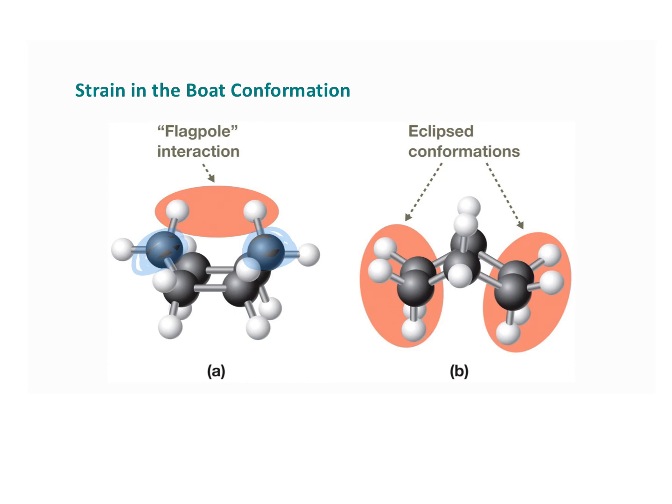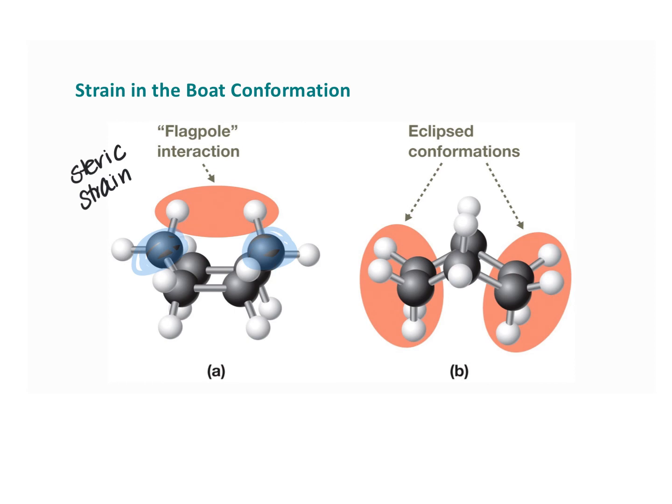And what you end up with is something called a flagpole interaction between the hydrogen atoms on these two blue carbons. So the two carbons that are pointing up, we get flagpole interactions. Now, this is classified as steric strain because those two electron clouds interfere with each other and repel.